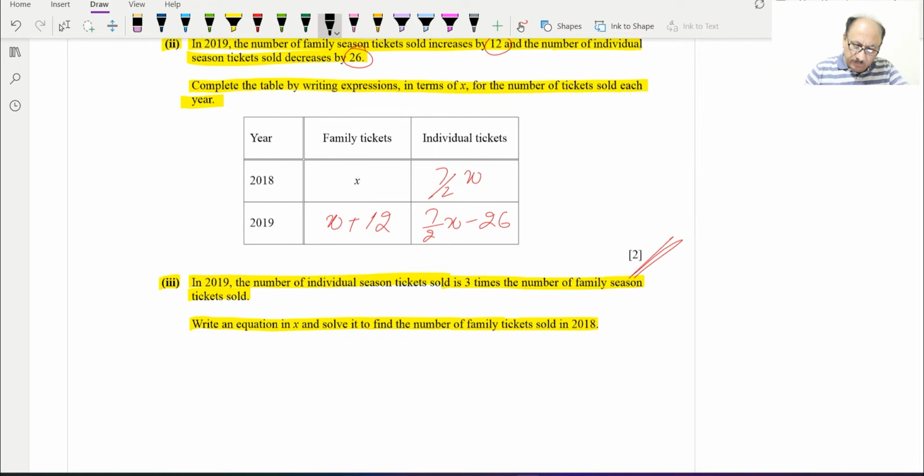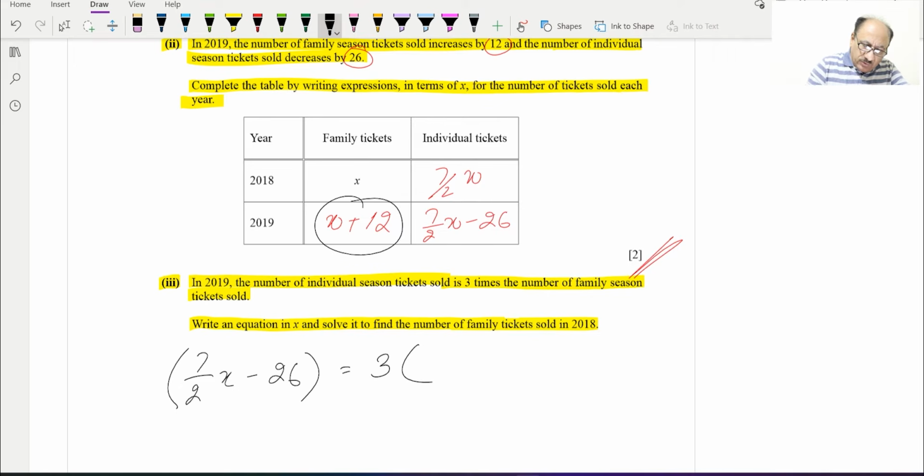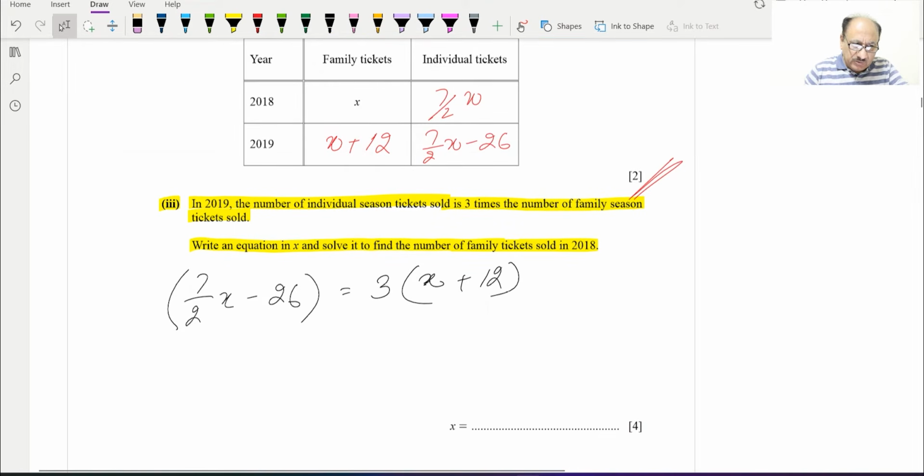Individual tickets in 2019 is 7/2 x minus 26, and this is equal to 3 times the tickets sold for family, so 3 times (x plus 12). This is by the condition given in the question. Now we just need to solve the equation and find the value of x.